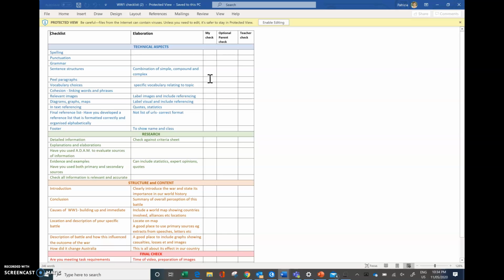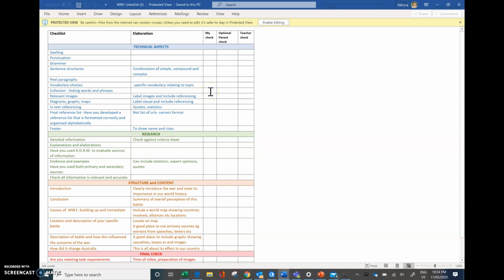Have you checked that there's a specific point for each paragraph? Do you have appropriate vocab choices? I'm not looking for basic vocab, particularly for A's. I'm looking for terminology being used in the appropriate way so that people can understand what you're getting across, and you're using the best words concisely.